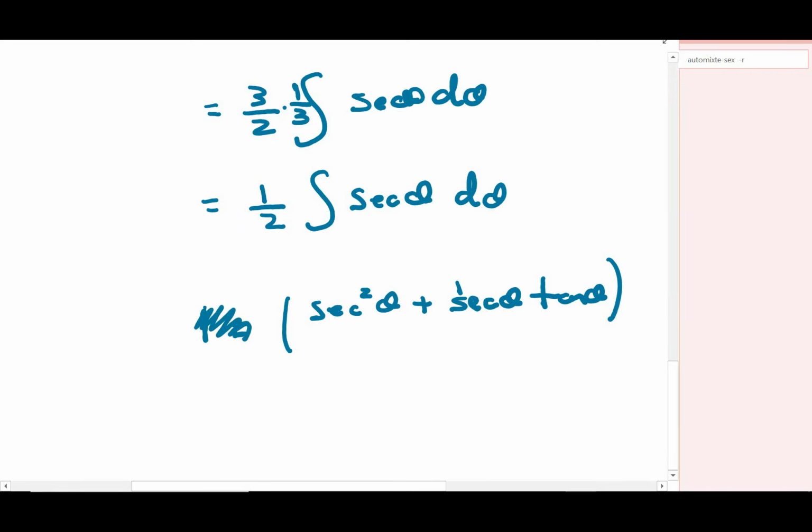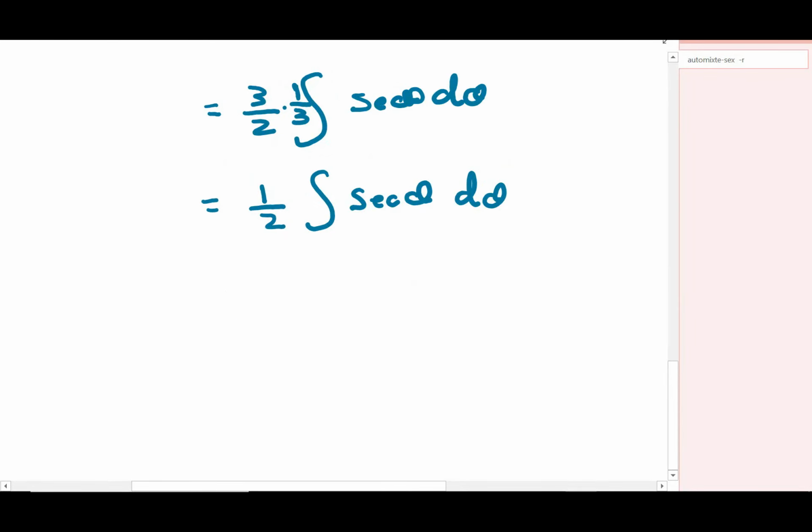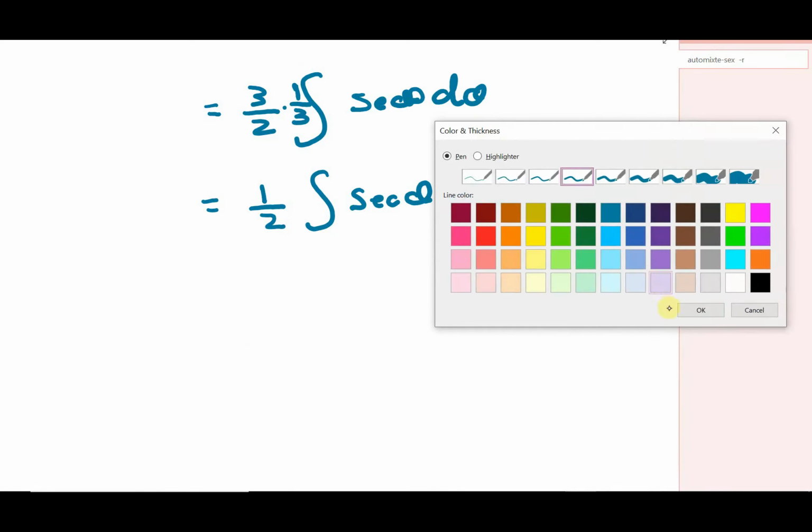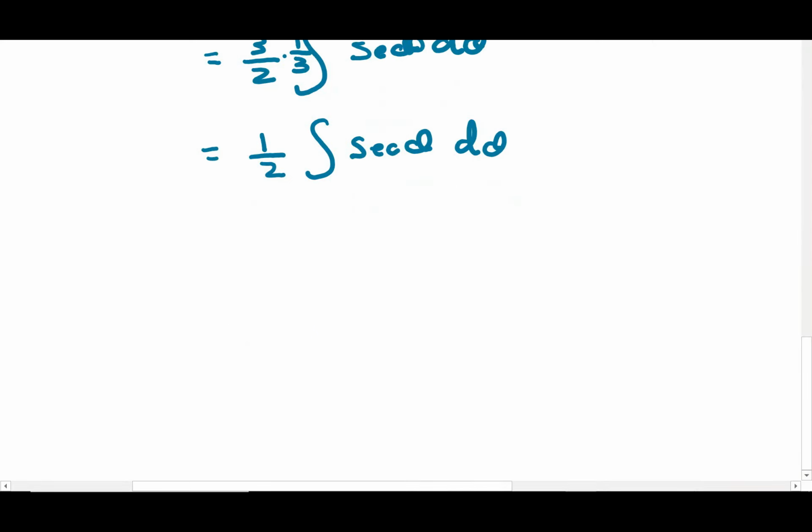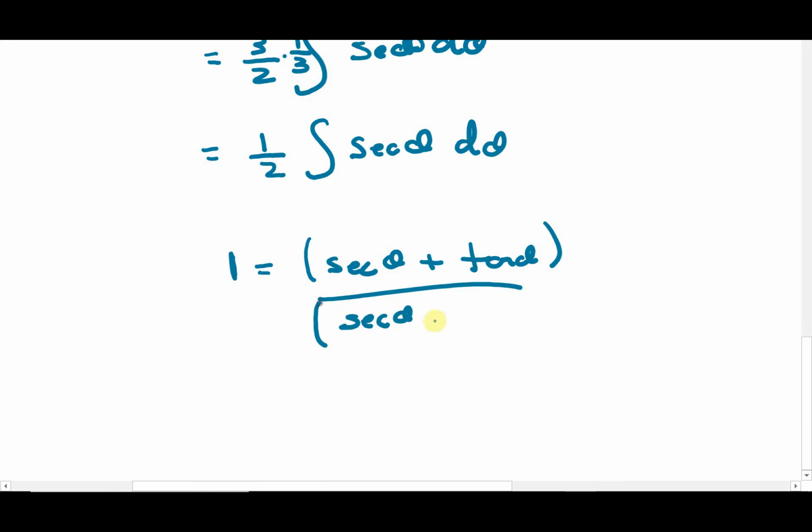Actually, we're going to focus on this. I'm going to eliminate that. Hold on. Actually, what we need to do is let 1 equal secant theta plus tan theta divided by secant theta plus tan theta.